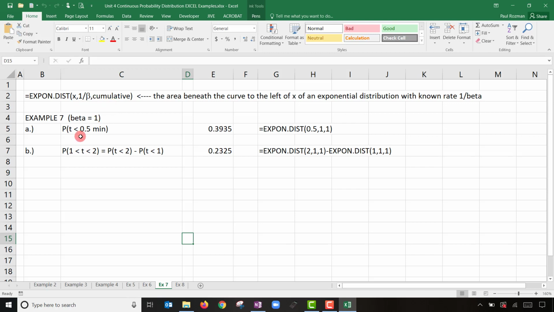So we wanted t under half a minute, so it's expon.dist, exactly what we wrote. If you want between 1 and 2, we do the less than 2 minus less than 1. So expon.dist with 2, and then expon.dist with 1. And you get the same result that we saw before. So again, Excel is pretty handy for this, but not that much faster than we are probably with our calculator.